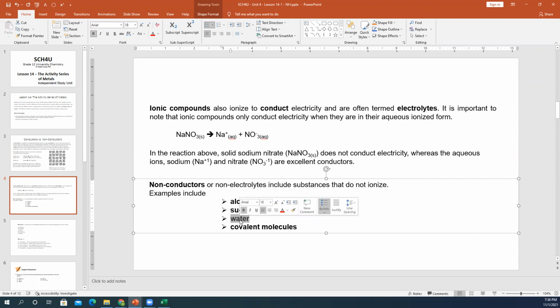Pure distilled water does not ionize. Covalent molecules do not ionize. It's the ionic compounds that ionize, such as sodium nitrate, calcium hydroxide, and calcium chloride. These are the ones that will ionize.